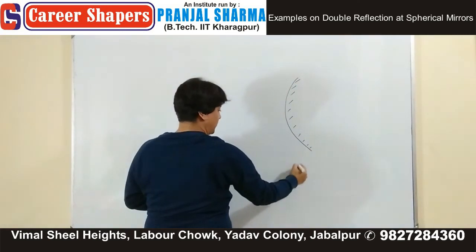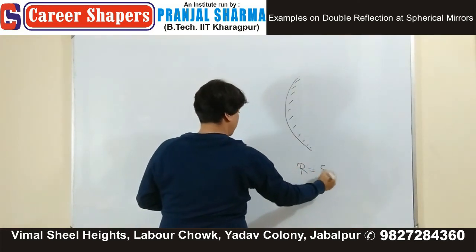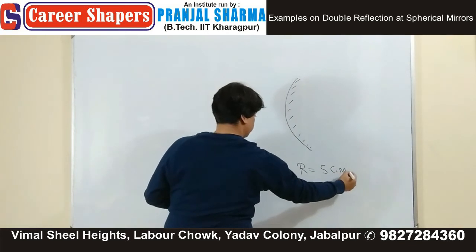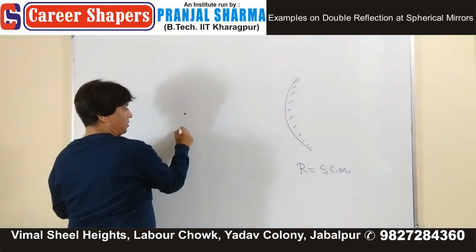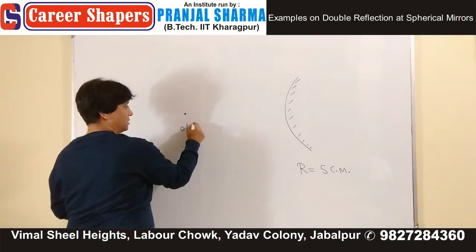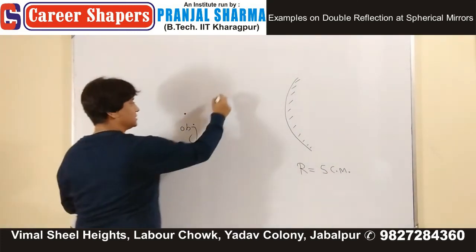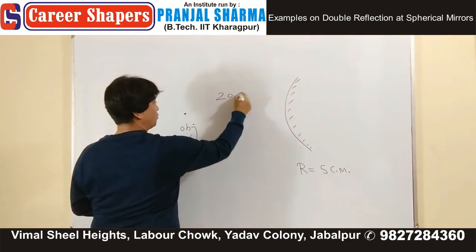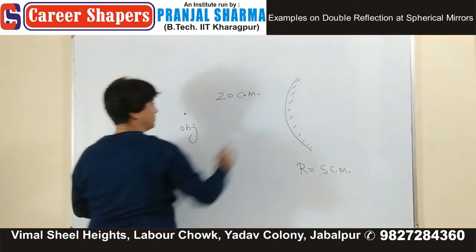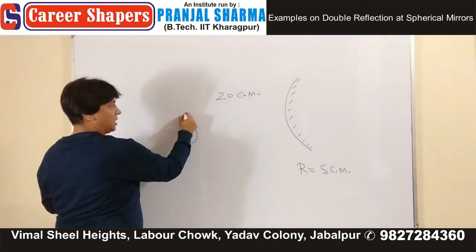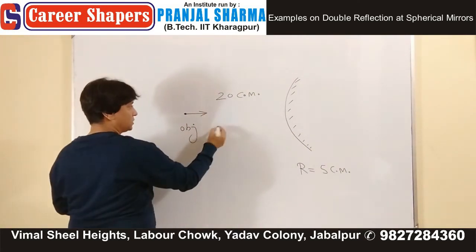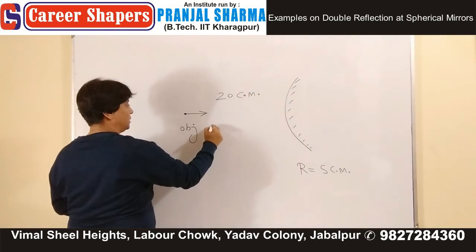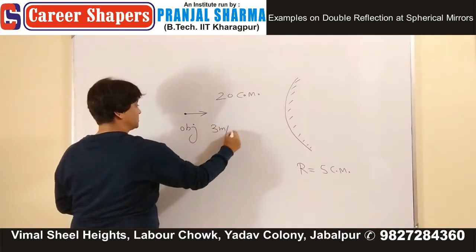We have a convex mirror of 5 centimeter radius. An object is at a distance of 20 centimeter and is moving in this direction with a velocity of 3 meters per second.